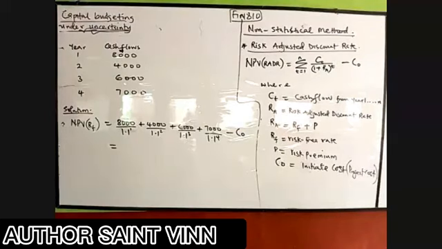What's the down? It was 4,000, raise to power. Now I go from 6,000.